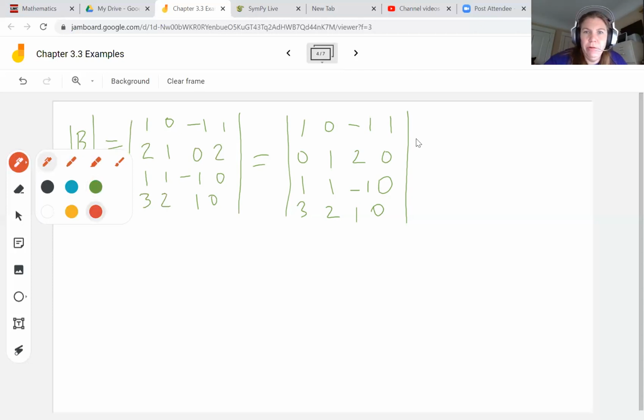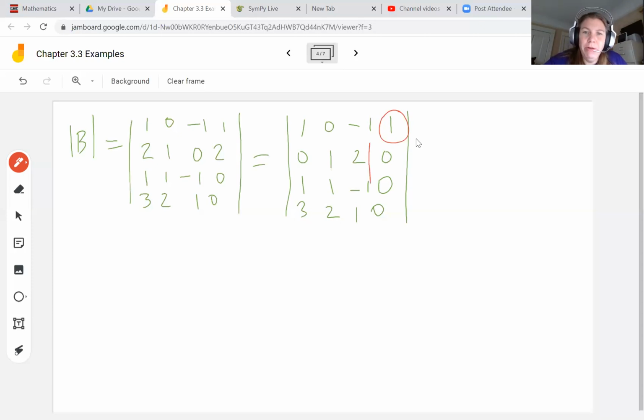Actually, here's a good choice. We can choose this one. So by reducing row 2, by multiplying it by negative 2 times row 3, it looks like, we end up with just a 1 here.